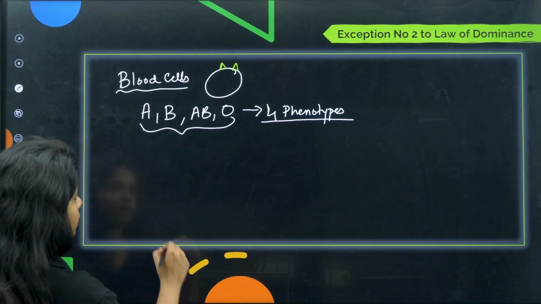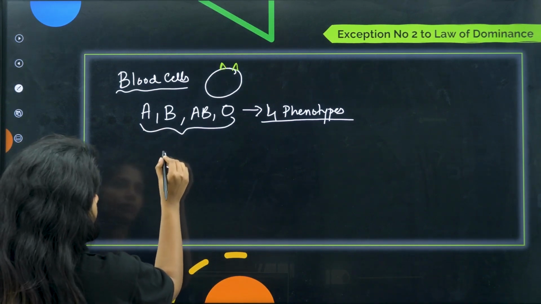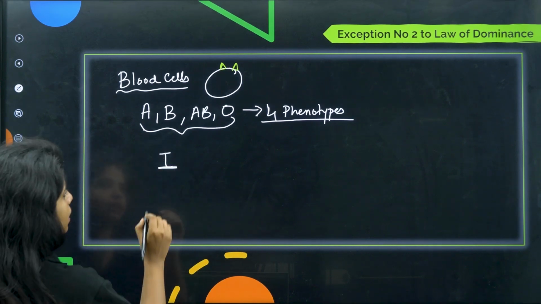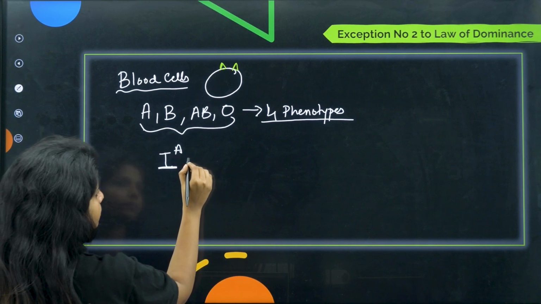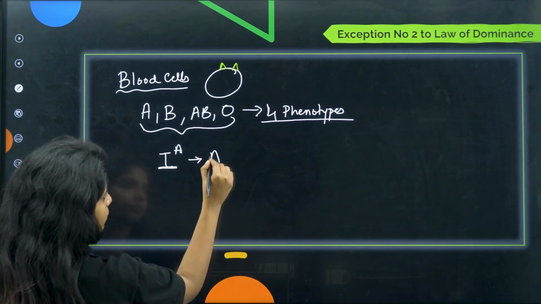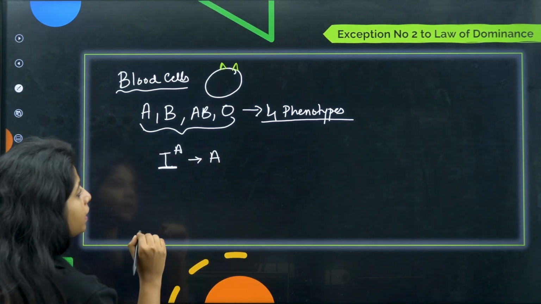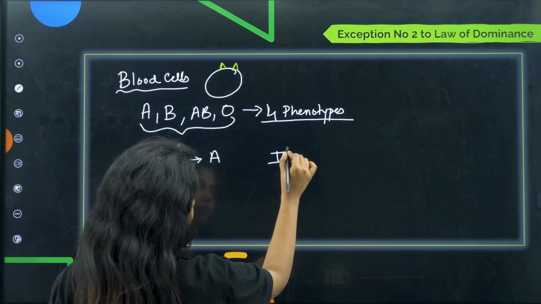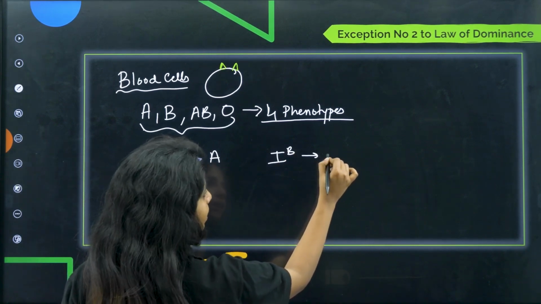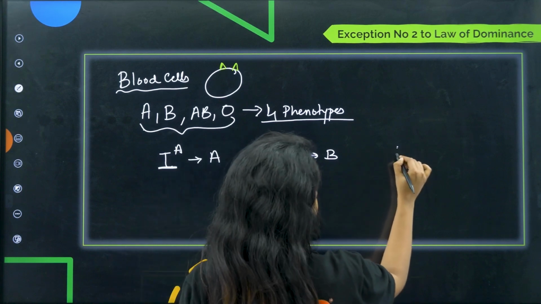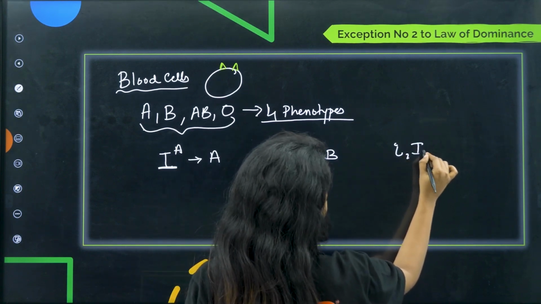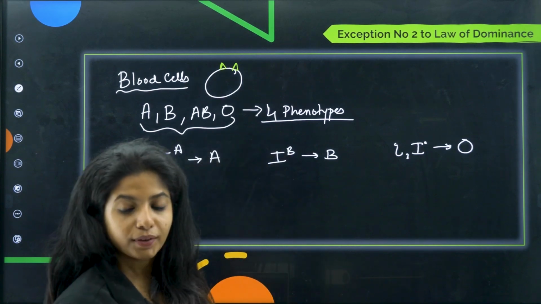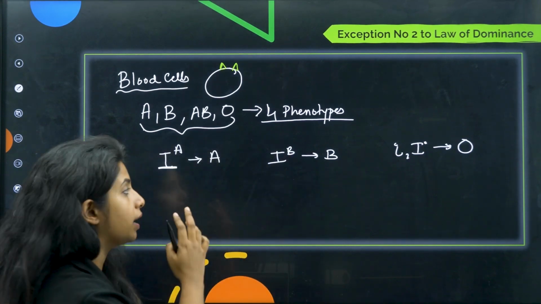So please understand one thing. The gene I will represent as I. IA stands for giving out A blood group, but the conditions are there, and IB stands for giving out B blood group. Small i, or basically IO, stands for O blood group. Now let's see when you can get this.